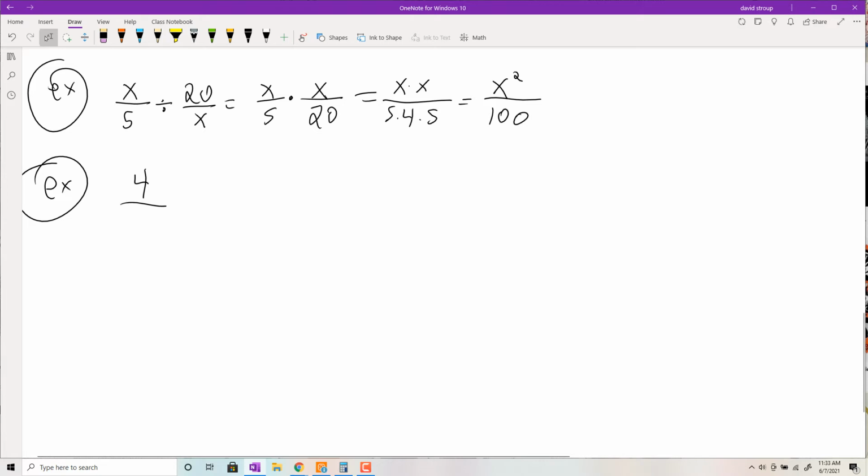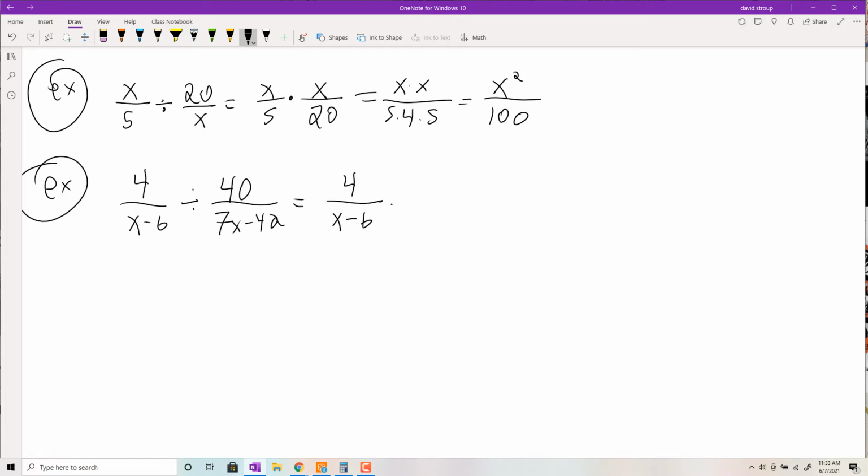Let's try another: 4 over x minus 6 divided by 40 all over 7x minus 42. We'll go through maybe 3 or 4 more of these, and then I'll hit WebAssign or MyMathLab. So automatically rewrite it as multiplication, and then we're going to factor. So 4, you can factor 4 if you want.